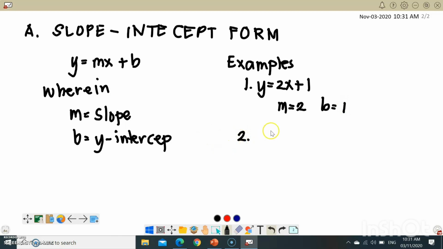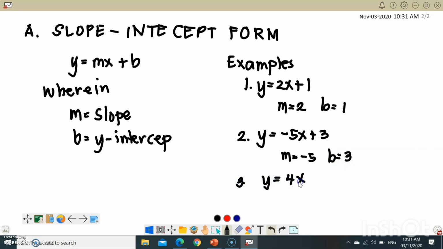Another, we have y is equal to negative 5x plus 3. The slope is equal to negative 5 and the y-intercept is 3. Another, we have y is equal to 4x. The slope is equal to 4 and the y-intercept is equal to 0.